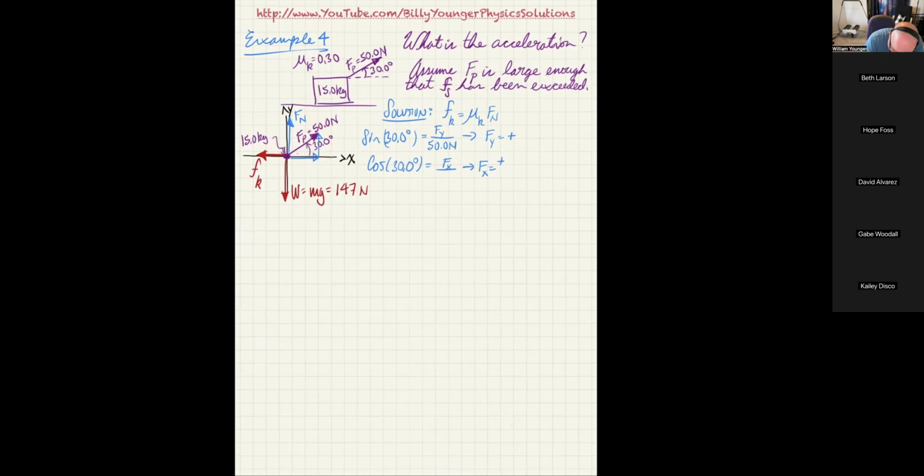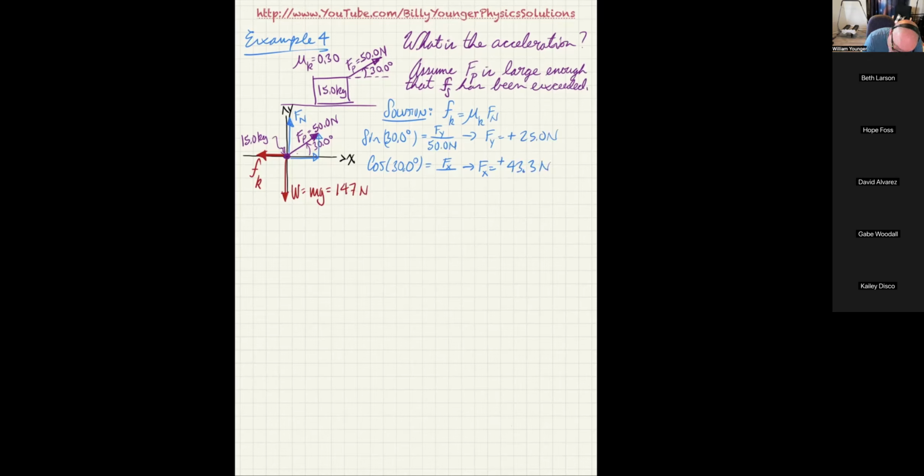And that gives us 25.0 newtons. We also have that 50 times the cosine of 30 degrees is the x component, and that is 43.3. Yeah, that's 43.3. Making sure I rounded the proper way on the last digit.